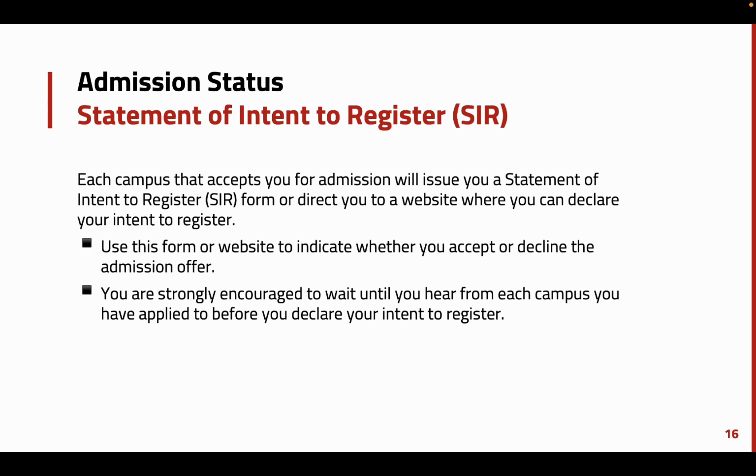And we strongly encourage you to wait until you hear from each campus you've applied to before you declare your intent to register. If you're also applying to the UCs, just keep in mind that they sometimes get back to students a little bit later than the Cal States. So just be patient and wait to hear back, but definitely don't miss the deadline for your SIR because it's very, very important that you adhere to all deadlines.